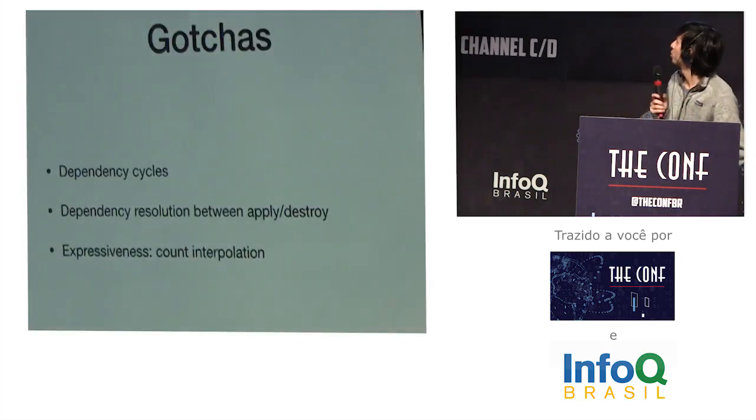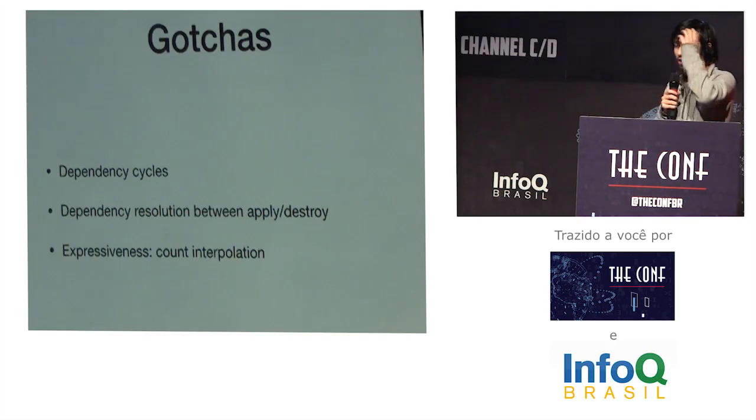The first of all is how to deal with dependency cycles. Terraform has a concept of a module, but you can create cyclical references in it, and sometimes you kind of need to.